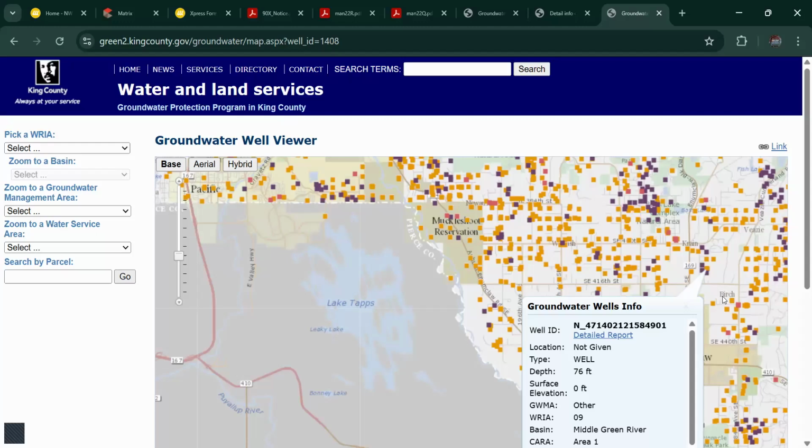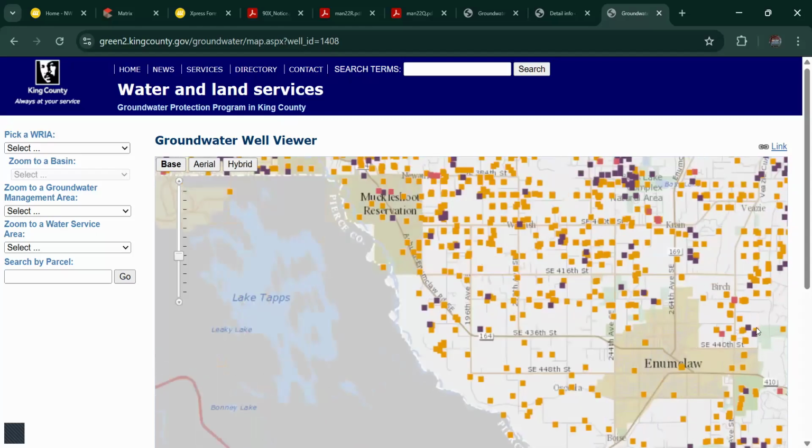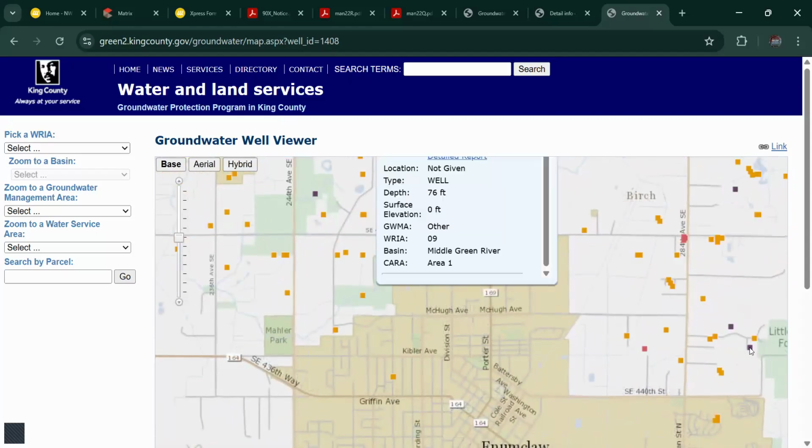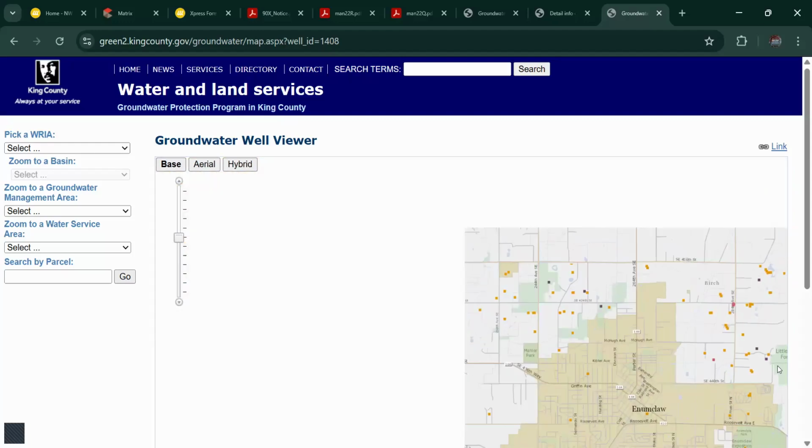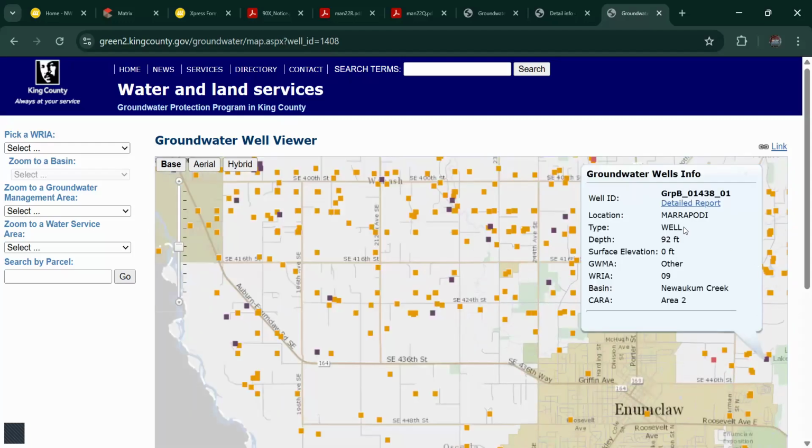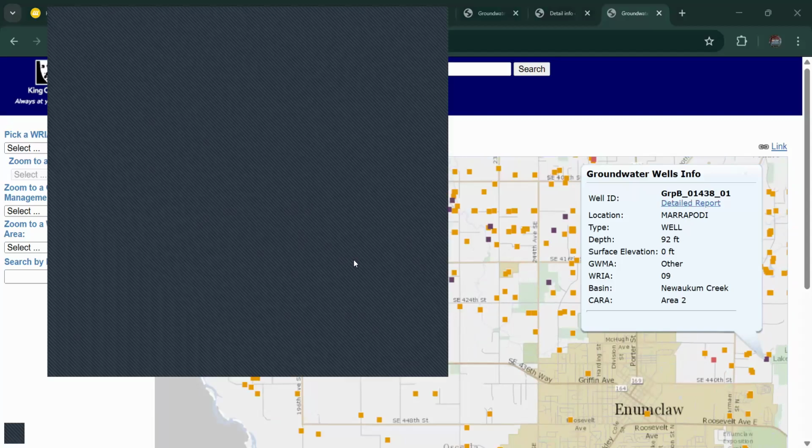Maybe the purple ones are the ones that are not active anymore. I don't know. Let's see what that one is. I don't know what the purple means. Yep, tests for nitrates and whatnot.